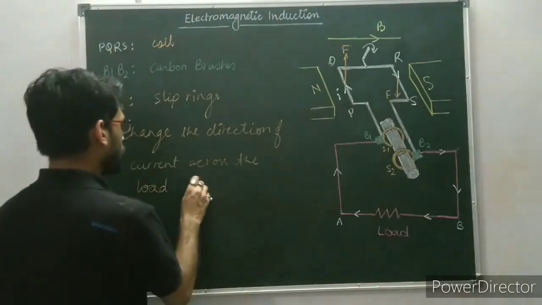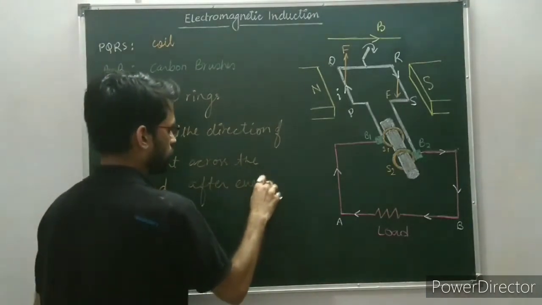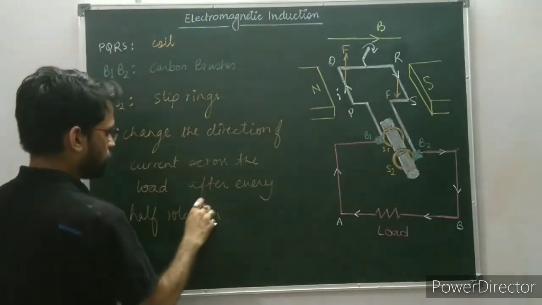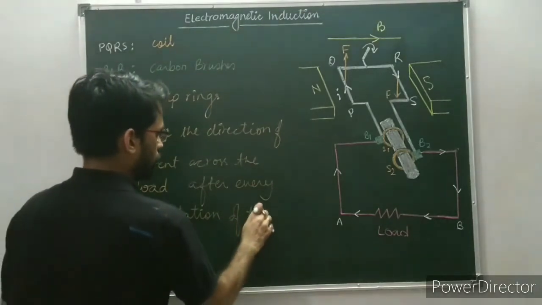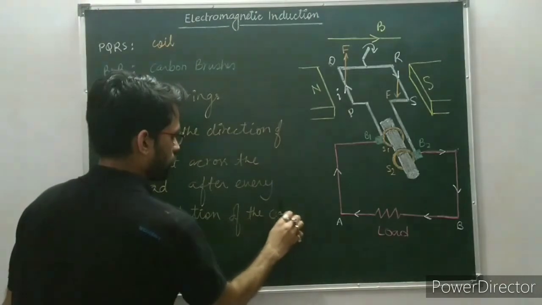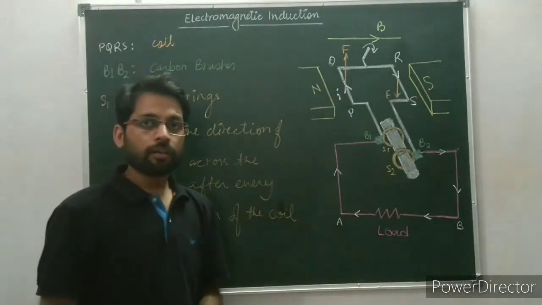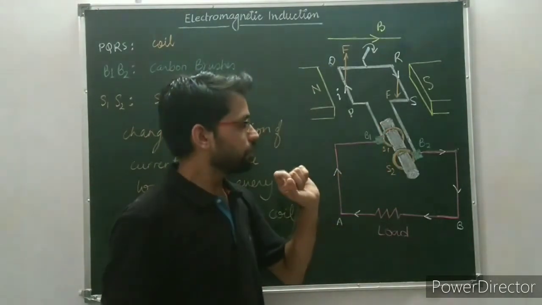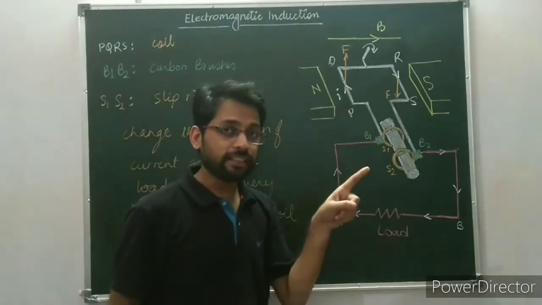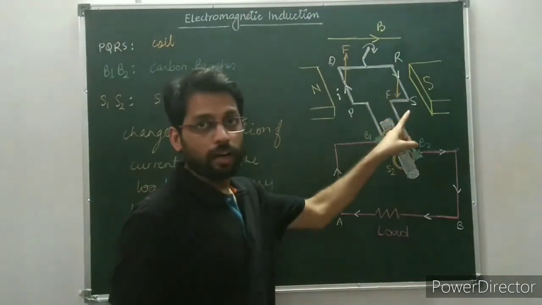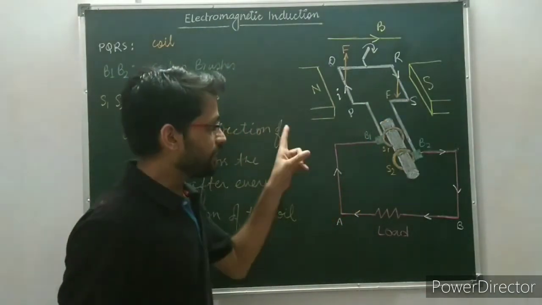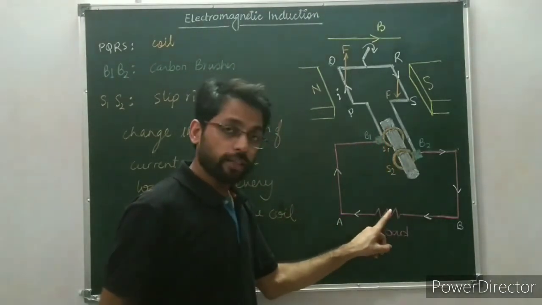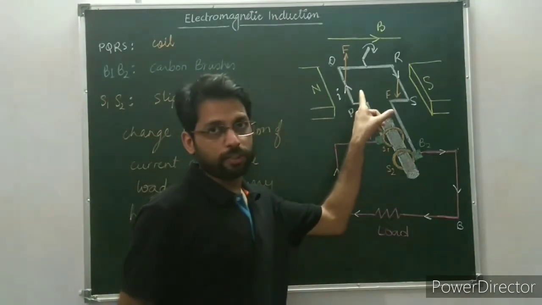After every half rotation of the coil. In the case of DC motor, there were split rings that change current in the coil after every half rotation, whereas in AC generator the slip rings change the direction of current across the load after every half rotation of the coil.